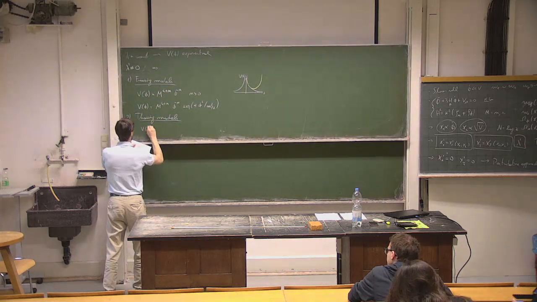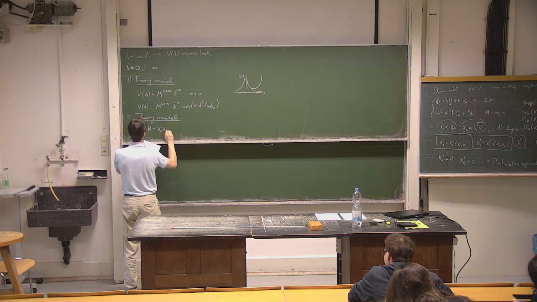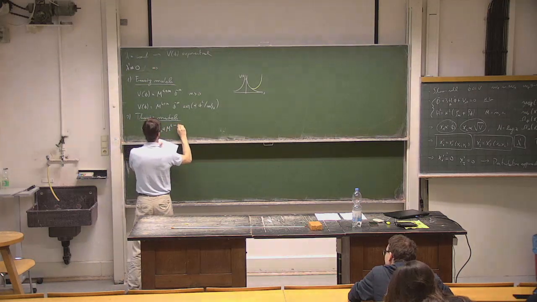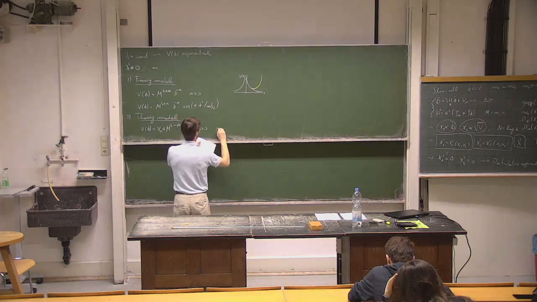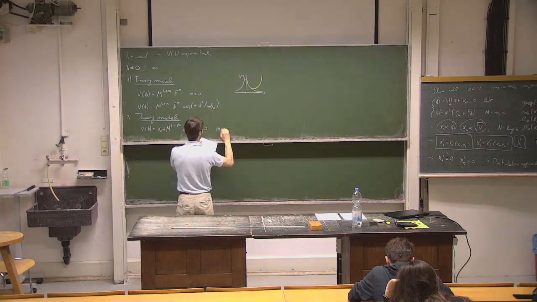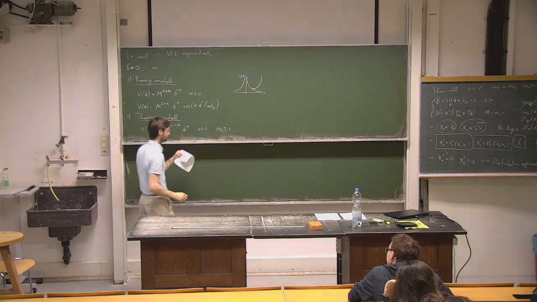They are of this kind, with M to the power of 4 minus n, and phi to the power of n, with n larger than 0. You have, for example, n equal to 2, 3, etc.